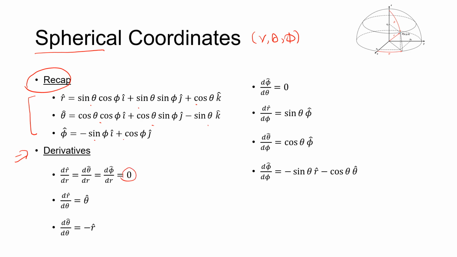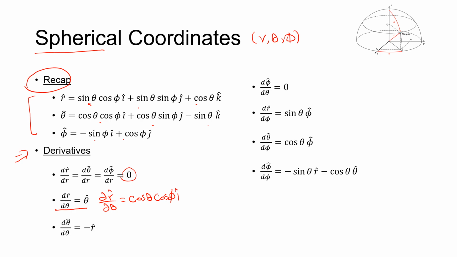If we move to the theta differentiation, we differentiate r with respect to theta, and we'll get this result. Let's do it together. Partial r by partial theta equals, here we have sine theta, so this brings cosine theta. Cosine phi is just constant with respect to theta.